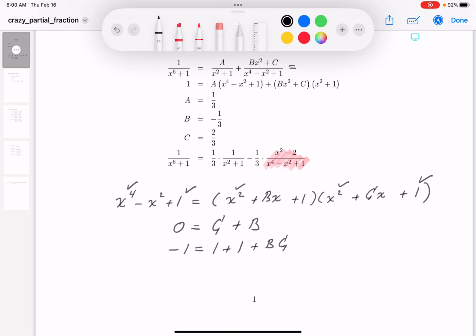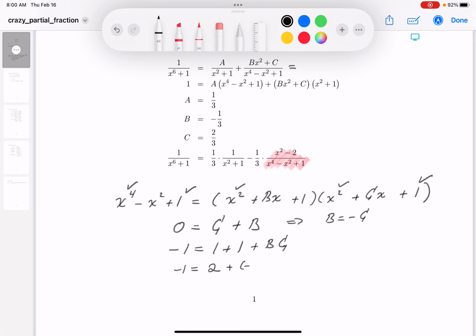I'm just wondering, can I get a c and b that satisfies this? And I think I can. For example, the first equation looks pretty simple, by the way. b would equal minus c. All right, so let's write this down. Minus 1 equals 1 plus 1, which is 2, and then b, I said, was minus c, right? So let's write this over here.